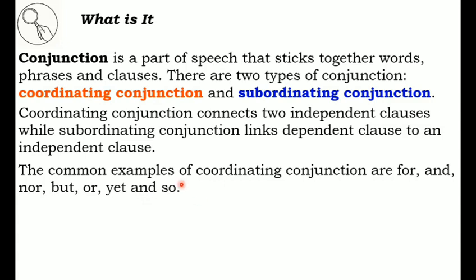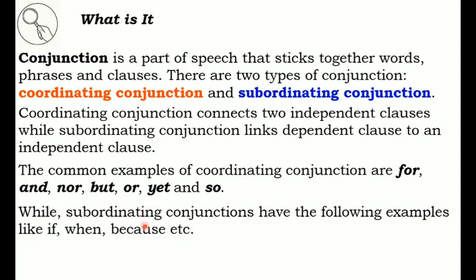That is the acronym for, and, nor, but, or, yet, and so. Fanboys. Okay. While subordinating conjunctions have the following examples, like if, when, because. Marami pa yan. Just like until, after.